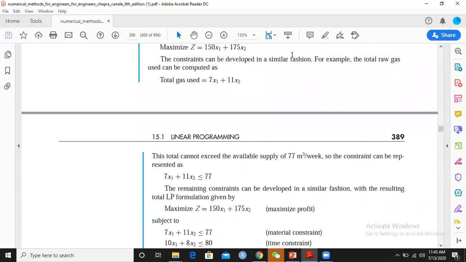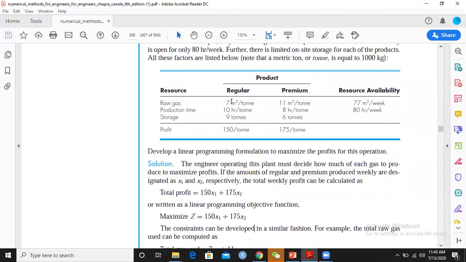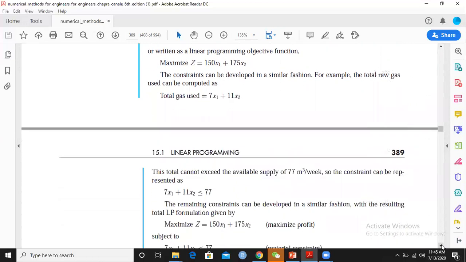Next, the constraints can be developed in a similar fashion. For example, the total raw gas can be computed as total gas is equal to 7x1 plus 11x2. Here you can see that 7x1 plus 11x2. But for the constraints, we usually consider the inequalities.